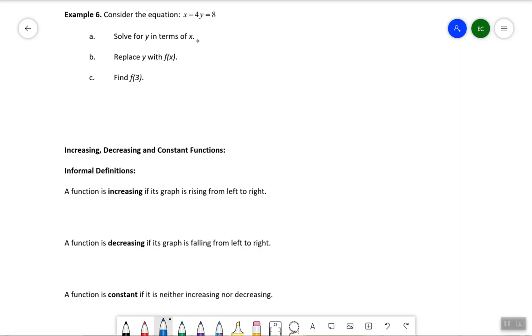So all we need to do is just follow the directions here in part A, solve for y in terms of x. So if we have x minus 4y equals 8, then we could subtract x on both sides. We're trying to isolate the y, so we want to isolate the y term first. We want to subtract x off, and we'll have minus 4y equals minus x plus 8. You could write x.